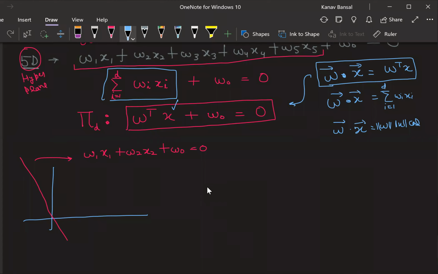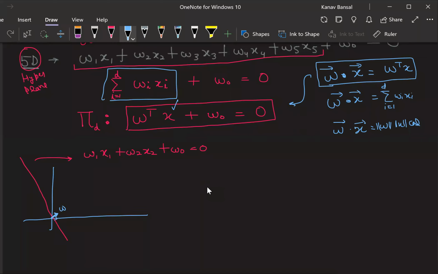Now, try to understand one very important thing here, and that thing is, what is this W? It is nothing but the normal to the plane. We call W a normal to the plane, which simply means it forms a 90-degree angle with the plane.